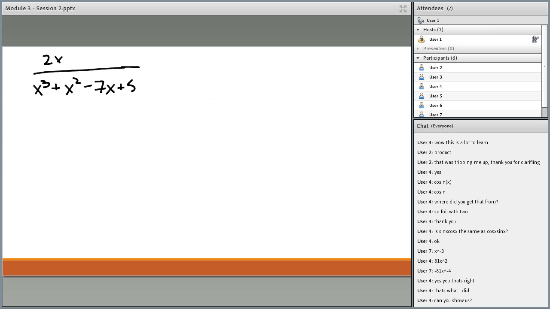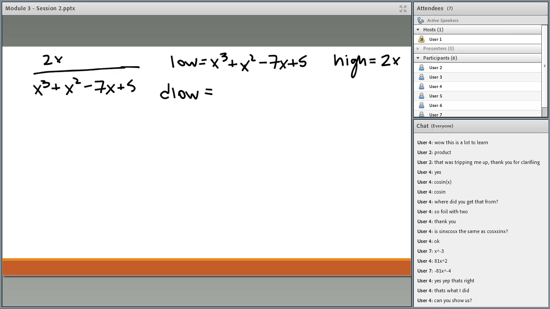Okay, so now when I set up the quotient rule, the numerator is 2x, the denominator is x to the third plus x squared minus 7x plus 5 once we simplified. And now the derivative of the denominator, instead of having to use the product rule, we can just use the power rule.